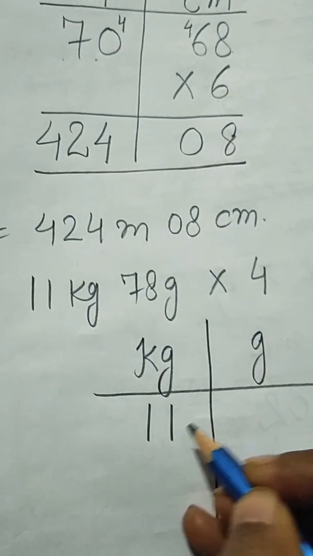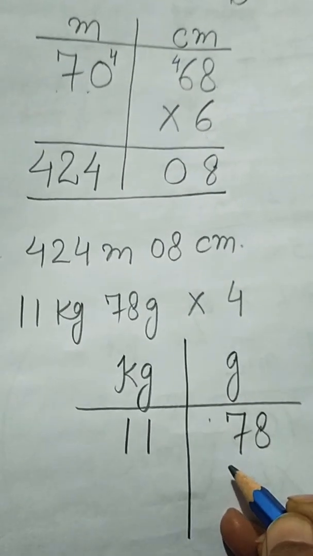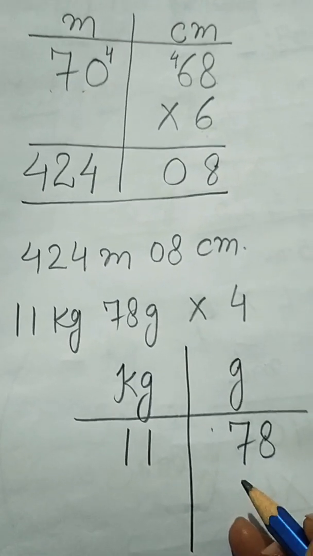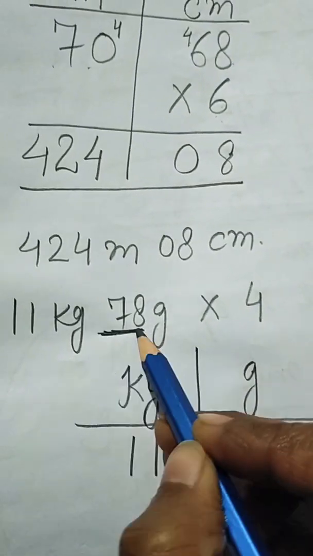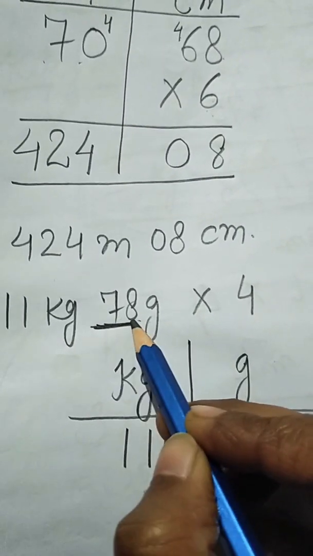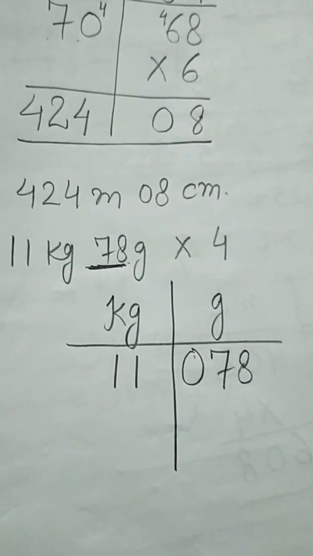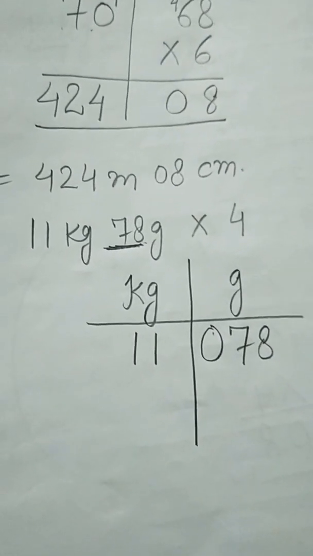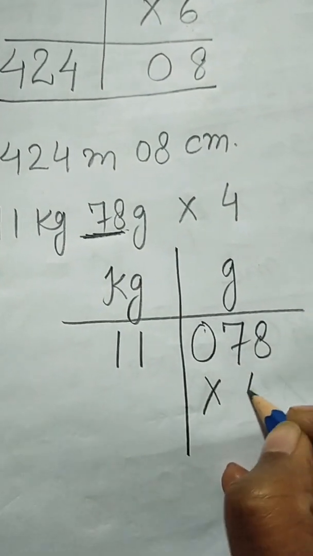Kilogram 11, gram 78. But here, as I told you, before gram there must be 3 digits. But here only 2 digits are given. So we will complete 3 digits by putting 1 zero.